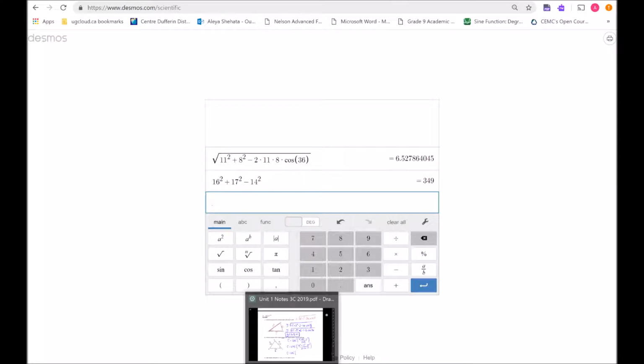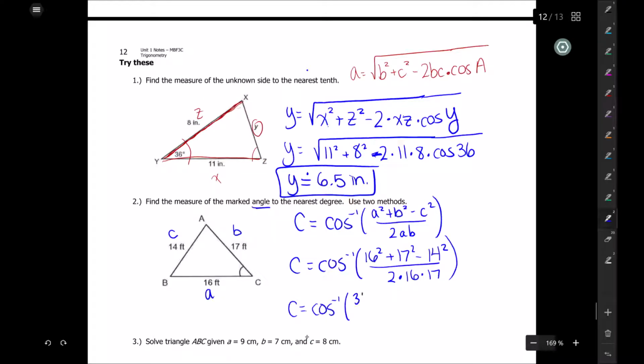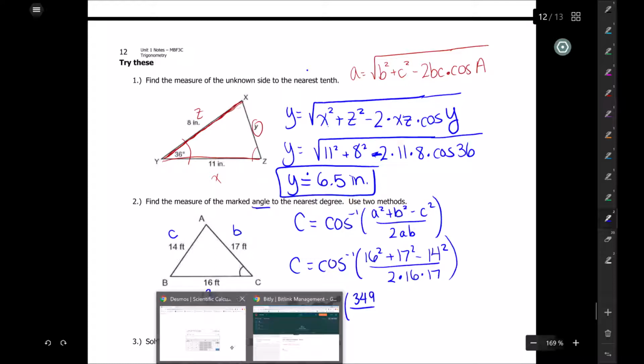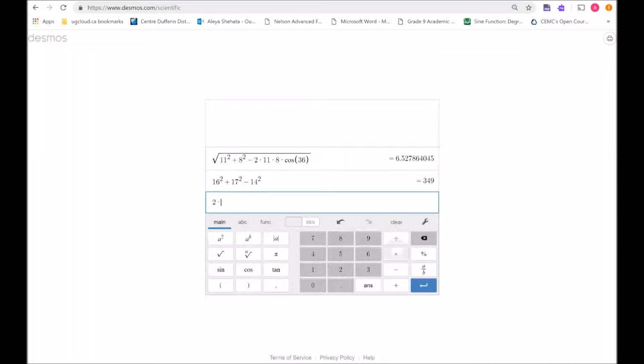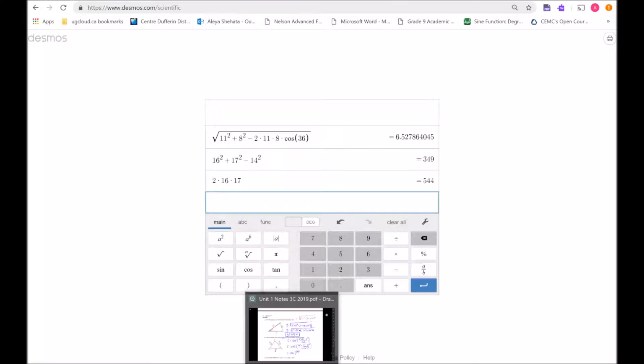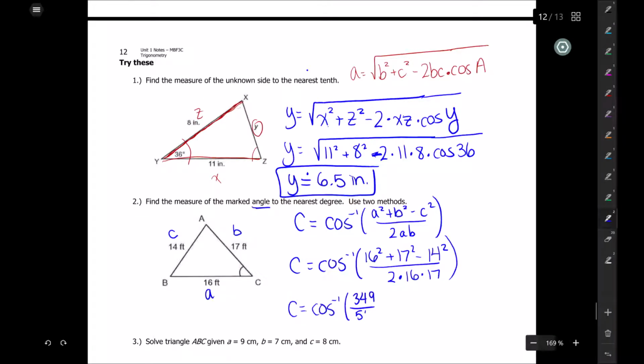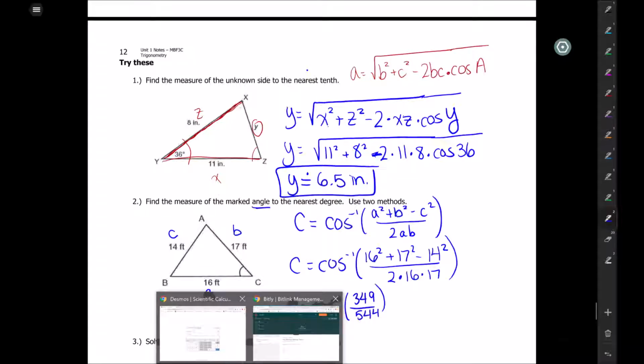So here in our numerator right here, we're going to say inverse cosine of 349 over, now in the denominator here, we need to type in 2 times 16 times 17 right here, and we end up getting 544. So here we're going to say 349 over 544. So then we're just going to say C is equal to, and we're rounding to the nearest degree, so I'm going to take the inverse cosine.